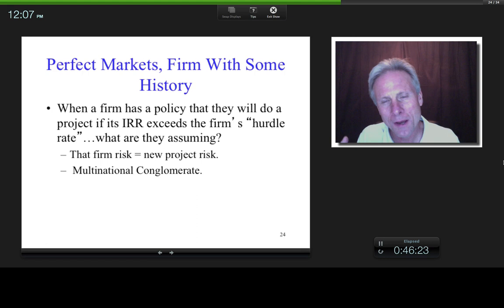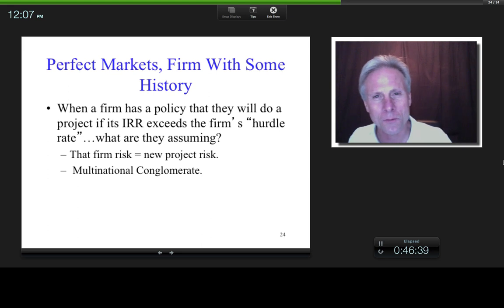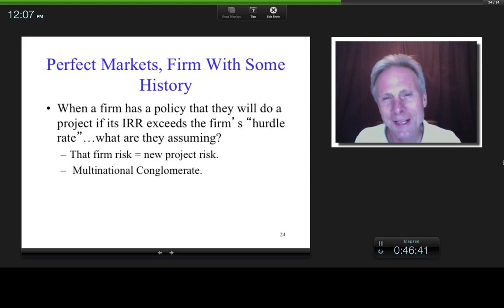So there's still one number, but it reflects this whole hodgepodge of risks. And so if this firm then said, you know what, we're going to look at building this new mine in North Dakota, well, would the risk of that new mine in North Dakota be the same, or would it likely be different from that whole mixture of all those other risks?